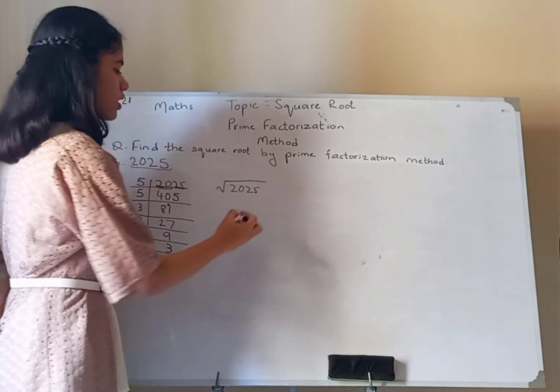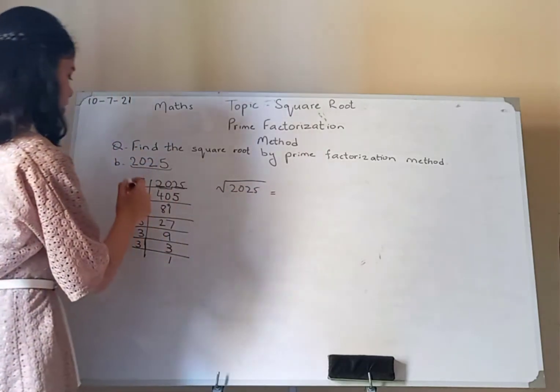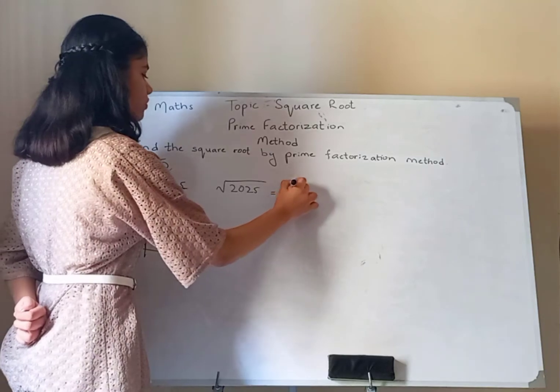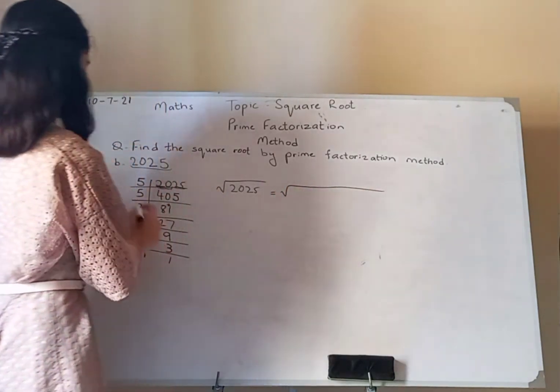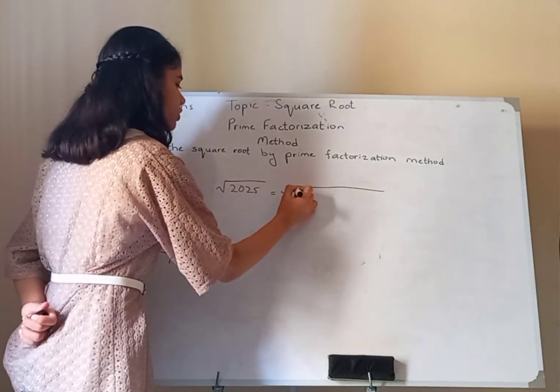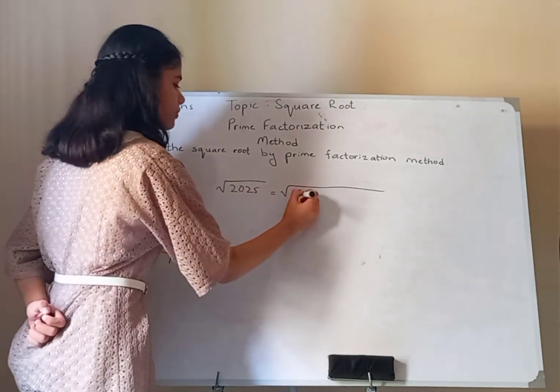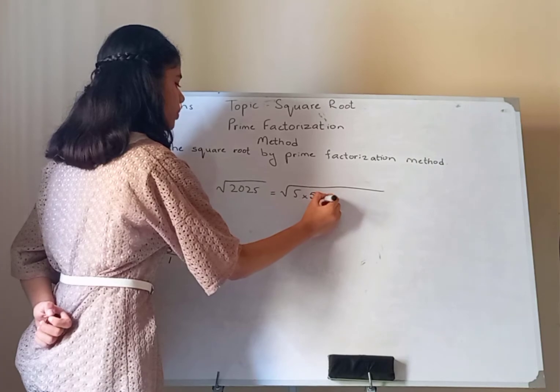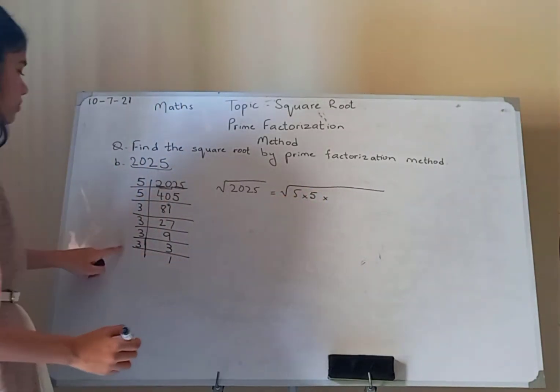2025 is equal to all the prime factors. 5 multiplied by 5 multiplied by, then we have 3.